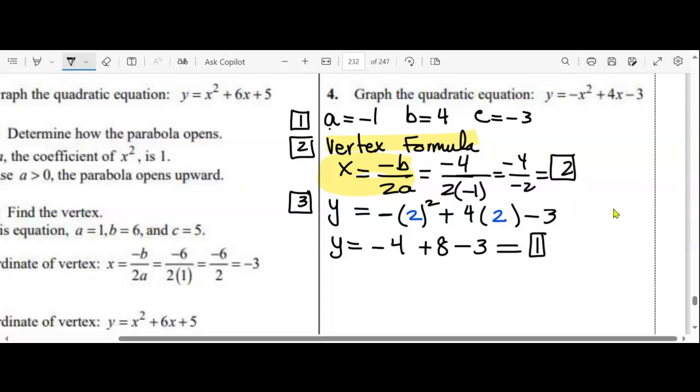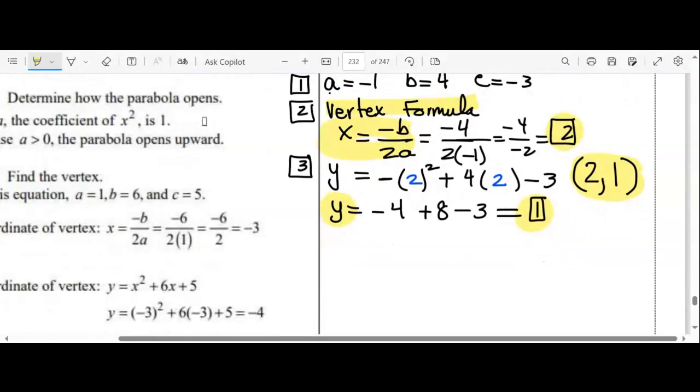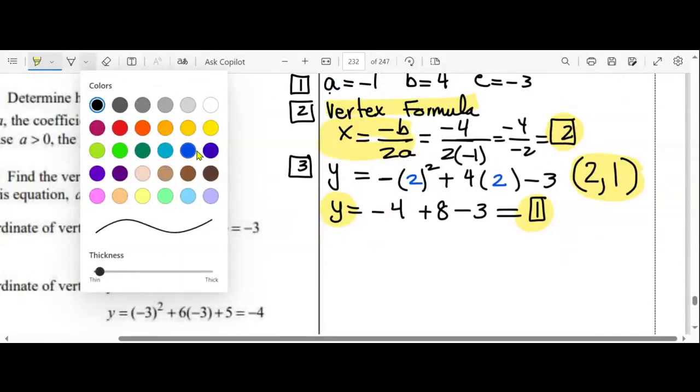Very good. So what is the vertex point now? It's going to be 2 and 1. Is this clear, everybody? Yes. Okay, now we need a few more points, right? So I'm going to use the table.